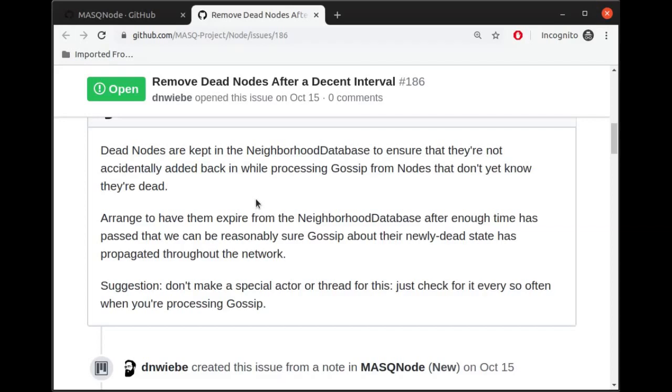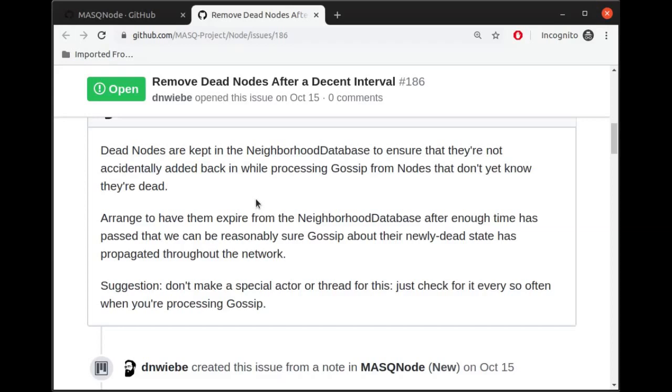And if it did, you'd look at the gossip and see if the dead node was in the gossip, and if it was, what was connected to it, and look at a few databases and see if the node was in those databases. That sort of thing. And if everything happened okay, then you'd say, all right, this card is approved. And if you noticed problems, then you'd move the card back and put a comment on it saying, no, I noticed these problems.